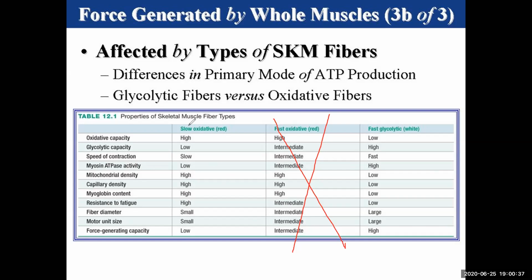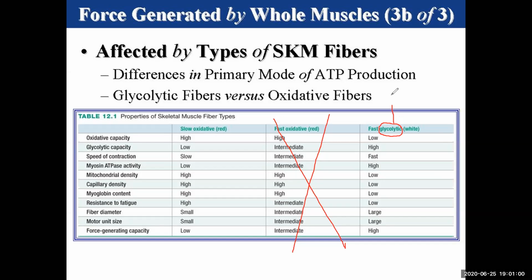The slow oxidative or red fiber versus the fast glycolytic white fiber. Pay attention to the word: this is using glycolysis, so not requiring oxygen, right?